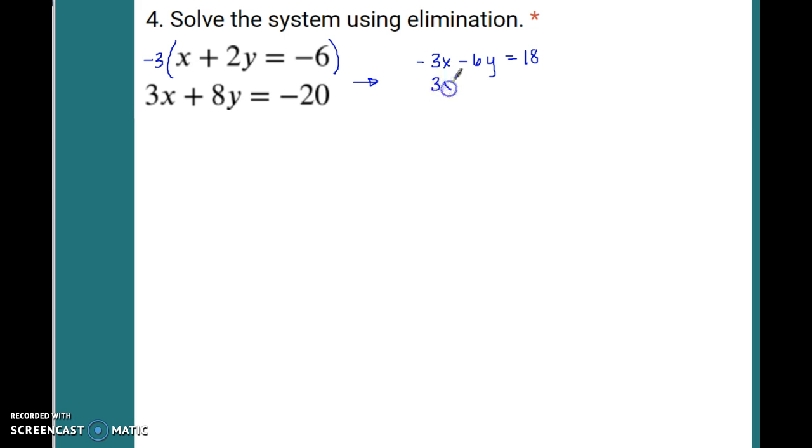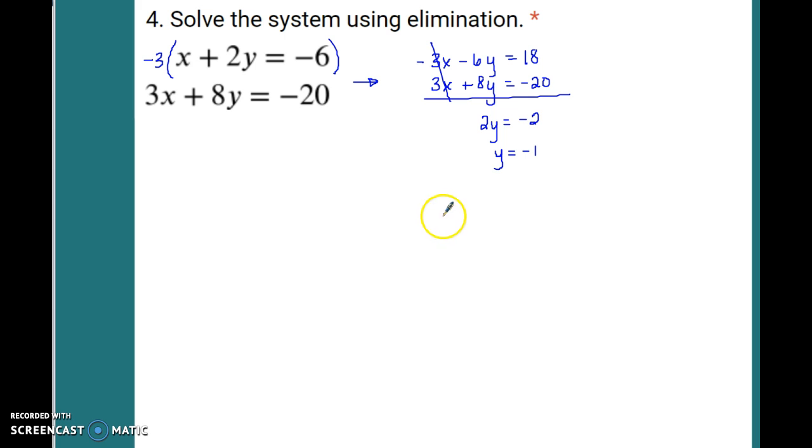My bottom equation is 3x plus 8y is equal to negative 20. When I add my equations together, my x's eliminate, and I'm left with 2y is equal to negative 2, which means that y comes out to be negative 1.